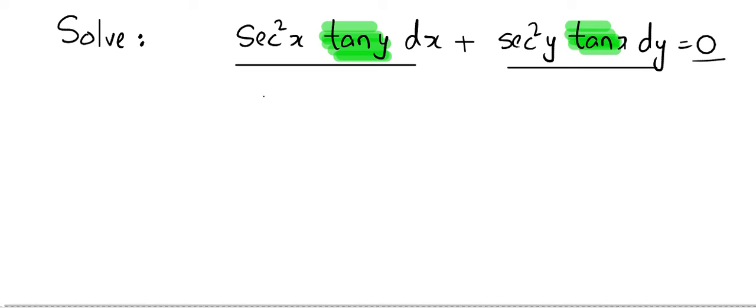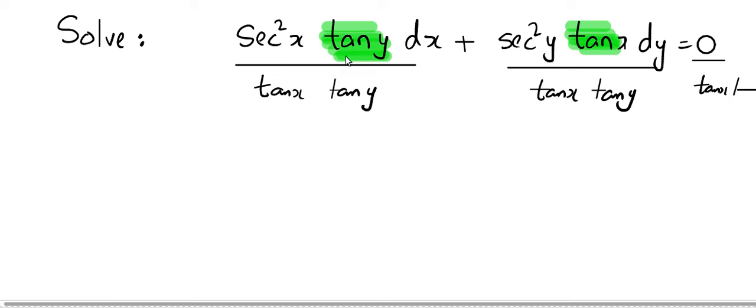So if you want, you can keep on writing tan x into tan y, and 0 divided by tan x into tan y. So what happens here? This and this, tan y and tan y, will get cancelled.